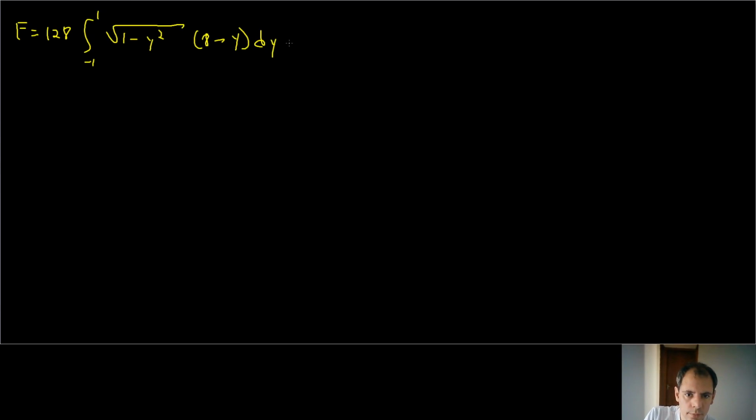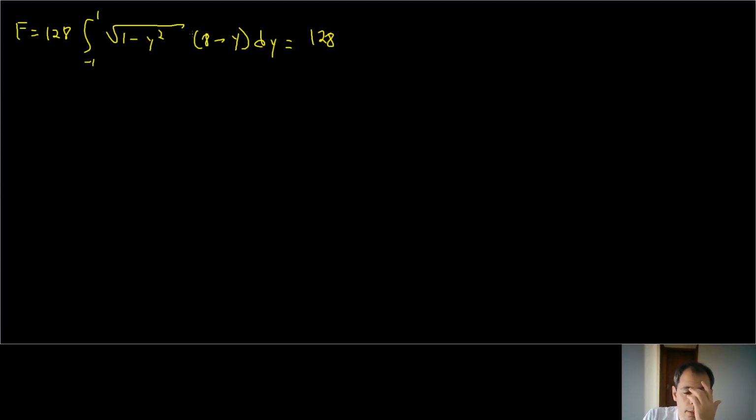So this is going to be equal to 128, which is multiplying everything, times the integral, and then I'm going to do 8 times this stuff minus y times this stuff. So it'll be 128 times the integral of 8 times this.